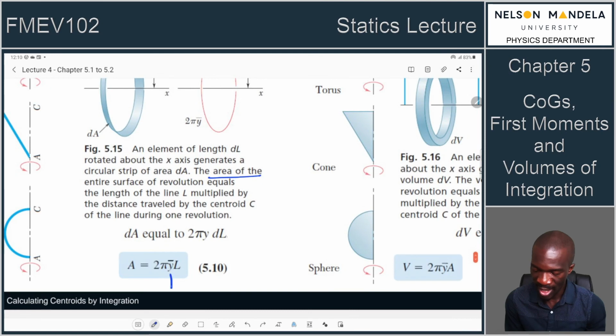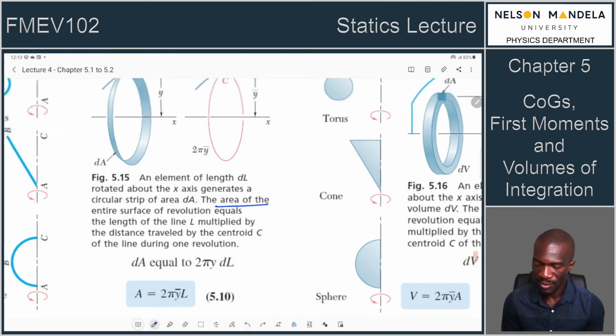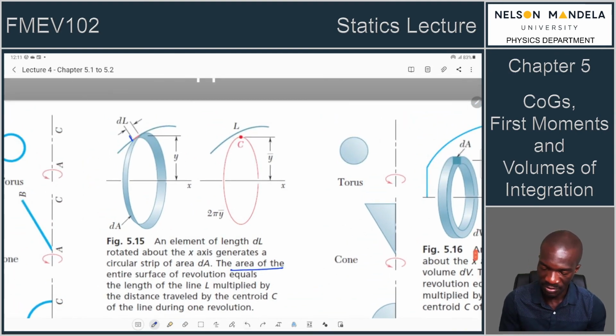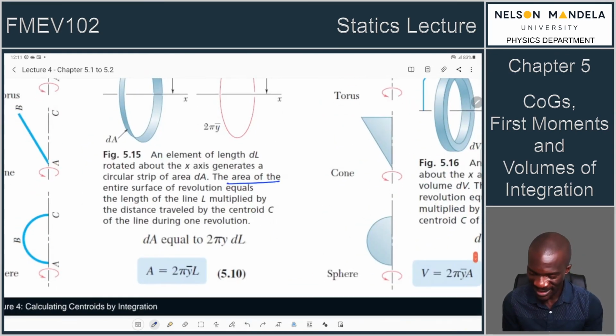So where is our y? When you're looking at the entire object, it's actually at the centroidal position, y bar. So to find an area, all you do is you multiply 2 pi by the centroidal y position times the length. So this length for dL would be that. Can you see this?